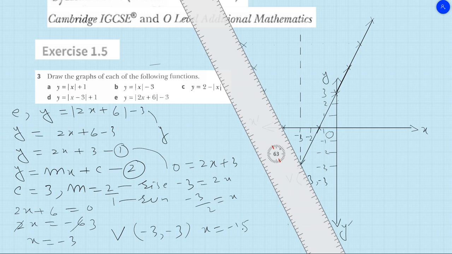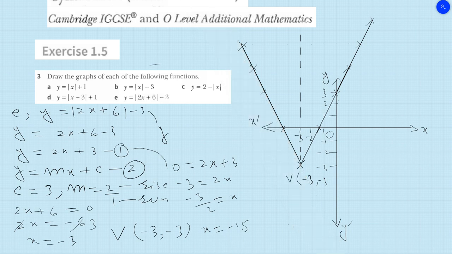Join these points. Here we go. So this is our V-shaped graph. Hope you understand. I made some mistakes, but fortunately corrected all mistakes on time.